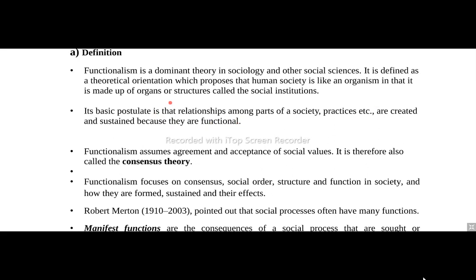So the relationship of these institutions within this society, they are sustained, they keep on going on and on, because each of these organs has a function. And that is why they are continually going on and on.